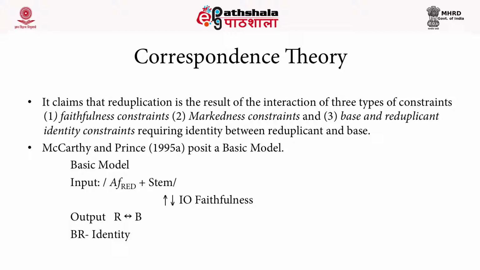So basically, as we have already known, the input-output faithfulness constraints look at the identity between the input and the output, whereas the BR identity constraints look at the identity between the reduplicant, which is the reduplicant affix, and the base.